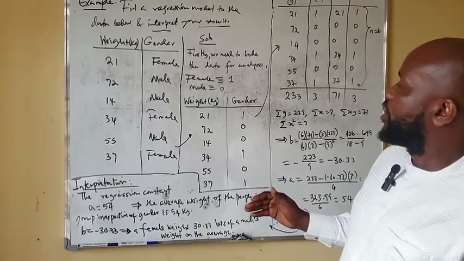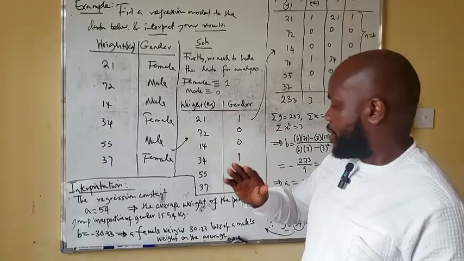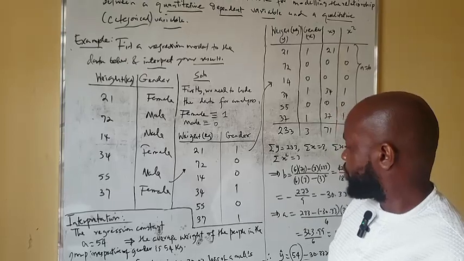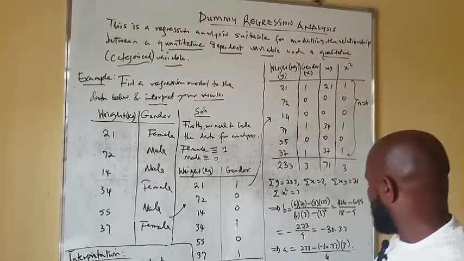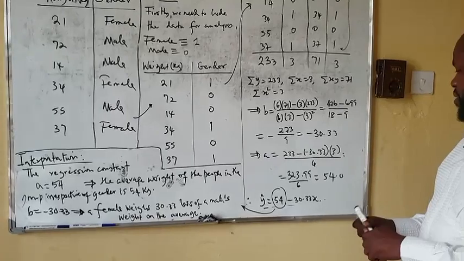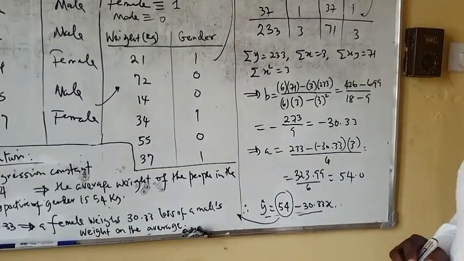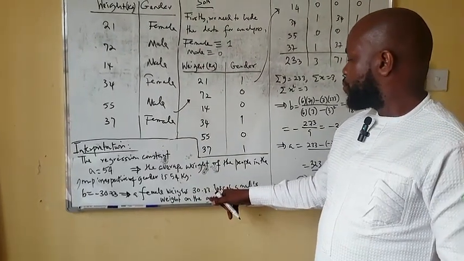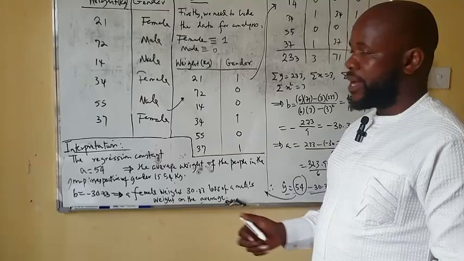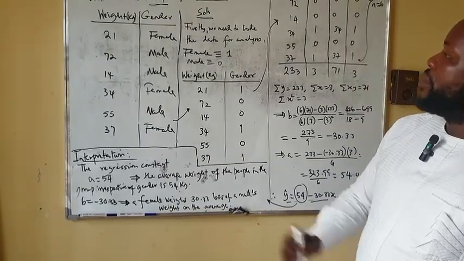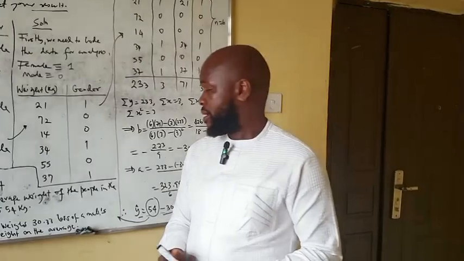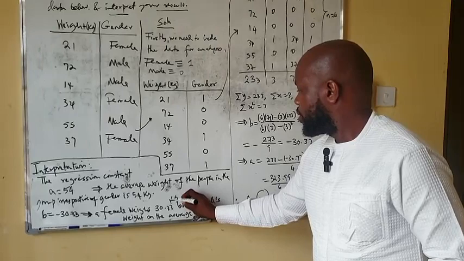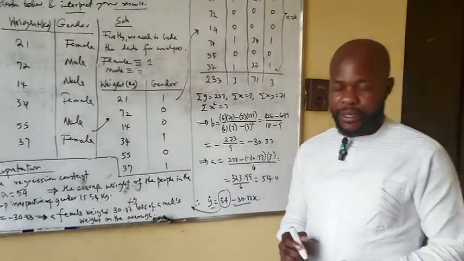This coefficient b, which is minus 30.33, implies that a female in this group weighs 30.33 kg less than a male's weight on the average. That means if we pick any female here, on the average, the person will weigh 30.33 kg less than a man's weight.